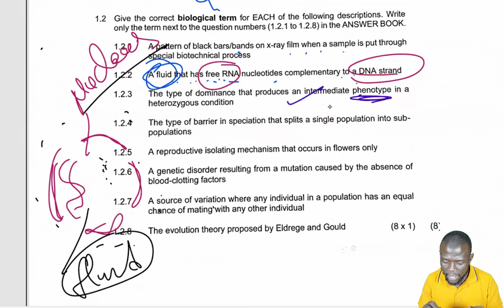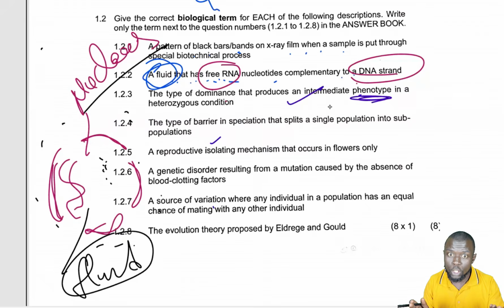Then you say that the type of barrier in speciation that splits a single population into subpopulations, we call it the geographical barrier. Remember, you have to apply this when it comes to explaining speciation.